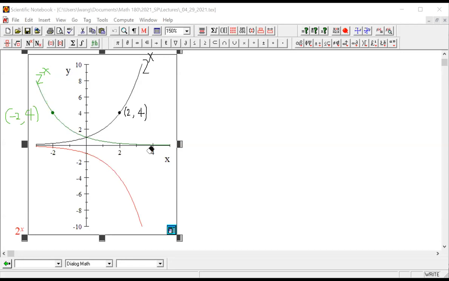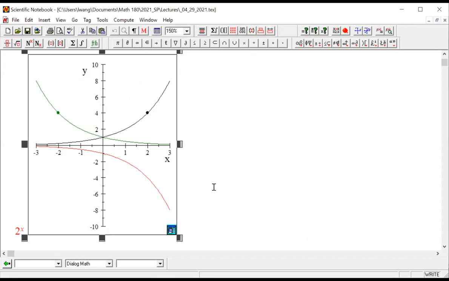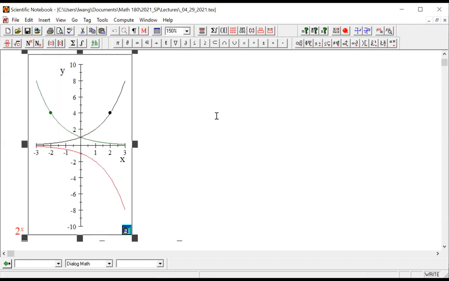Do you see that? That's how it's been reflected. And we can see more of such points. Does everybody follow me? Let me adjust the picture just a little bit. This will be better looking. Okay, so these are the 2 points.